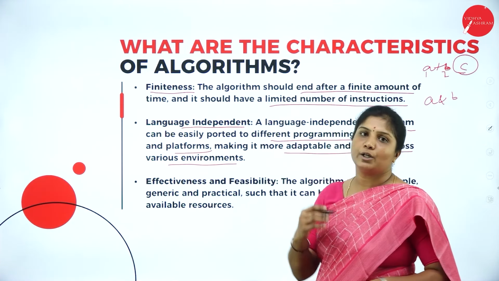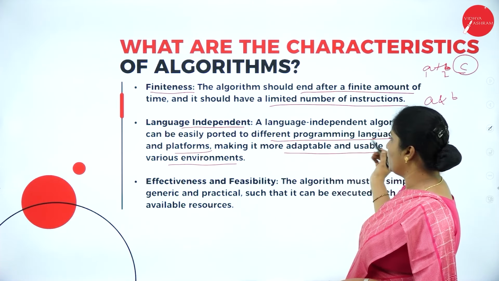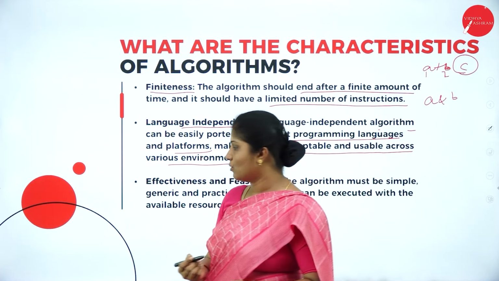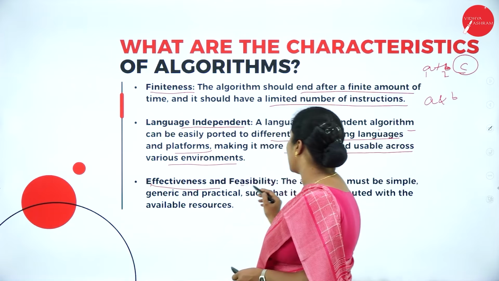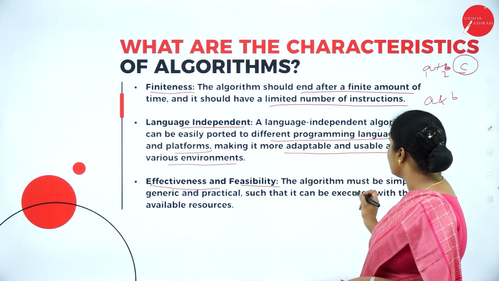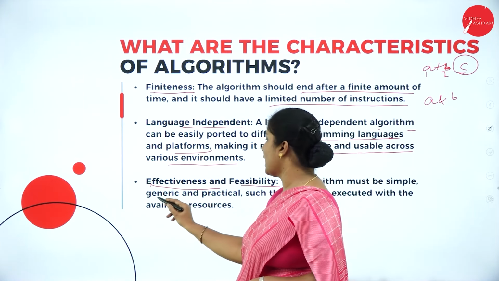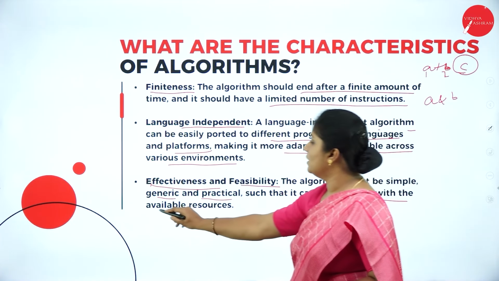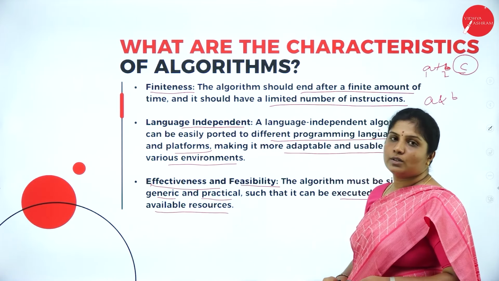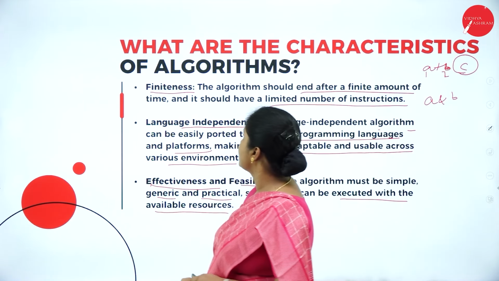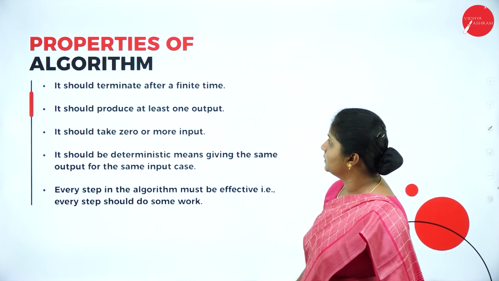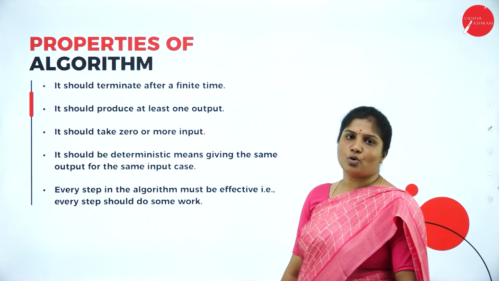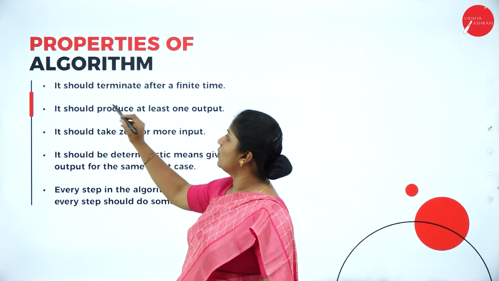Next, effectiveness and feasibility. An algorithm must be simple, generic, and practical, so it can be executed with the available resources. These are some of the characteristics of an algorithm. Next, we will move on to the properties of an algorithm.